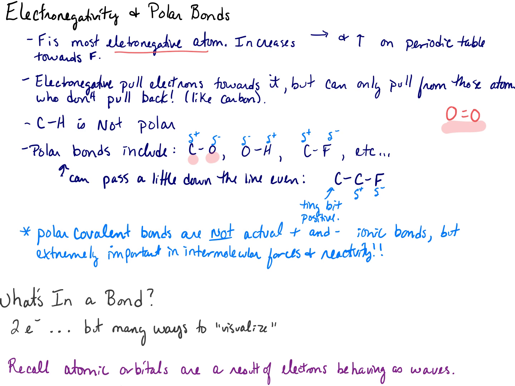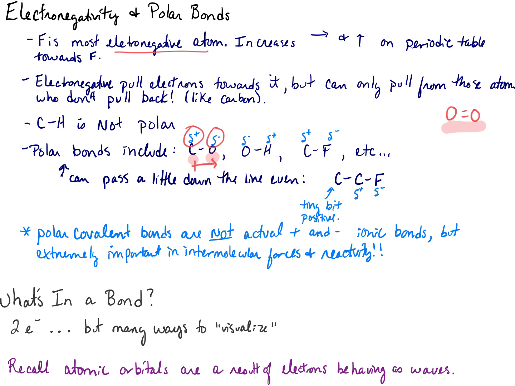And so we write that by simply putting a partial negative over the oxygen, and a partial positive over the carbon. You may also have seen that drawn like this, to show that the electron density is going towards the oxygen and away from the carbon. So the carbon's partially positive, the oxygen is partially negative. These are partials, not full charges.